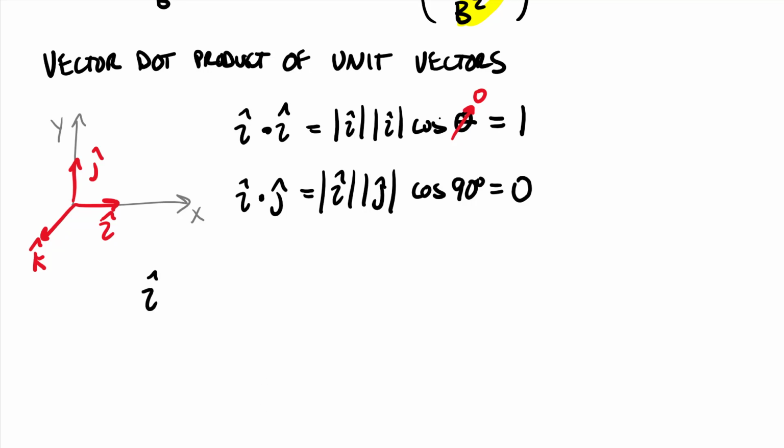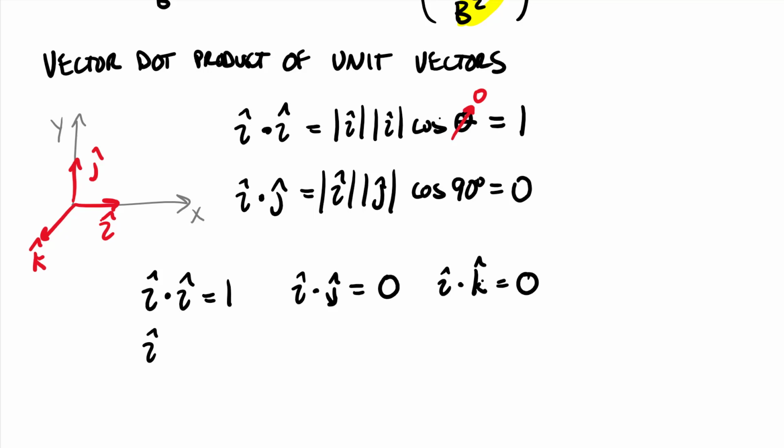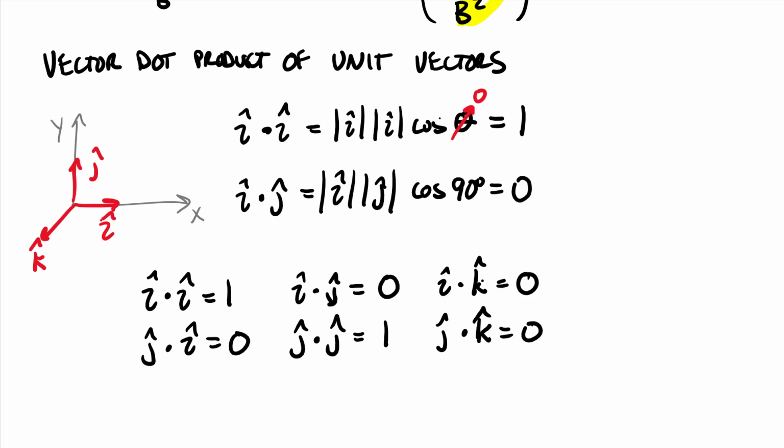So let's now take a look at all these different combinations. We have that i hat dotted with i hat was equal to 1. i hat dotted with j hat is equal to 0. i hat dotted with k hat is equal to 0, because they're also perpendicular. Actually, we'll go with j hats leading this line here. j hat dotted with i hat equal to 0, j hat dotted with j hat equal to 1, and then j hat dotted with k hat also equal to 0 because they're perpendicular.